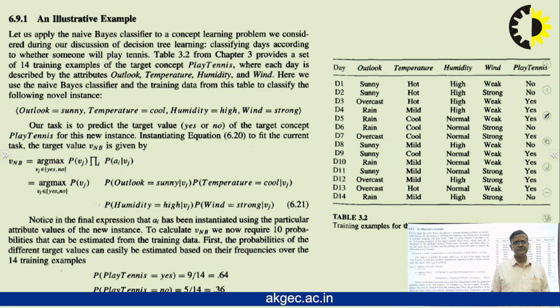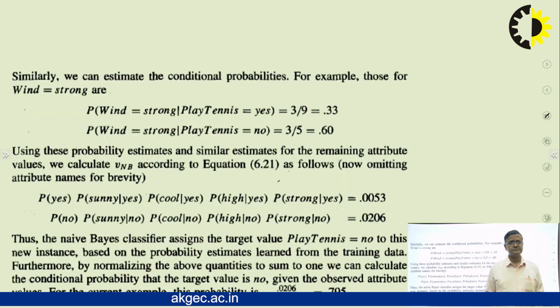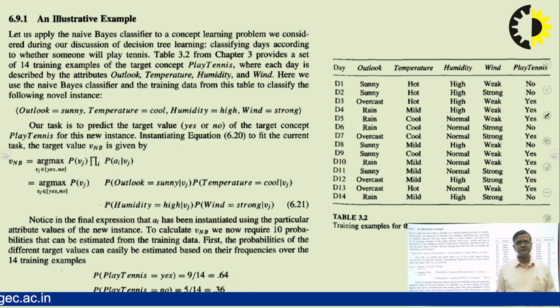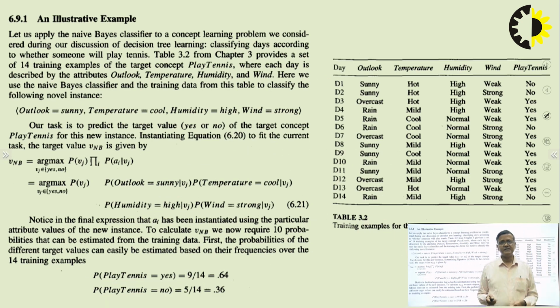We can see in the table also, when the wind is strong and play tennis is no: the second row, then the 6th row, and then the last row.